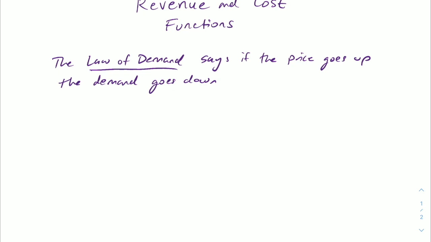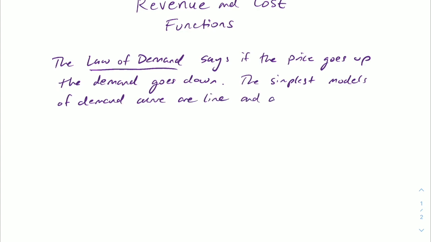So the simplest models for price versus quantity, demand curve, price versus quantity, are lines. And then after that, quadratics.